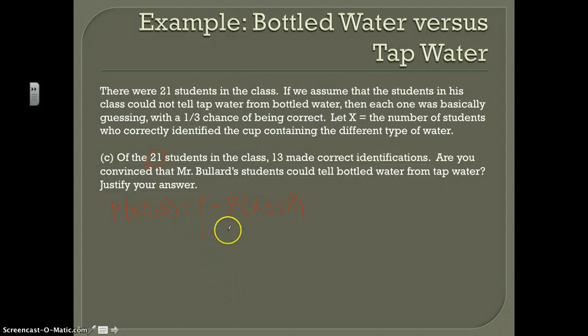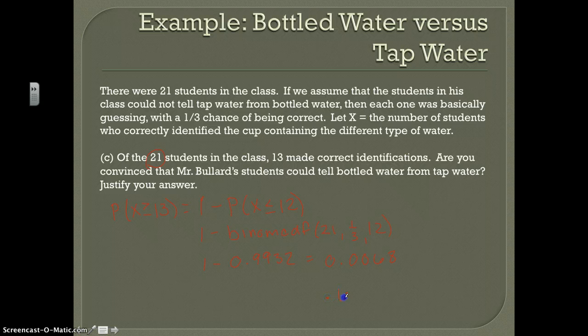So in the calculator, I'm going to put 1 minus binomial CDF, and we enter the number of trials, the probability, and then our x value, or k value, if you will. This would be 1 minus 0.9932, and that gives me 0.0068.